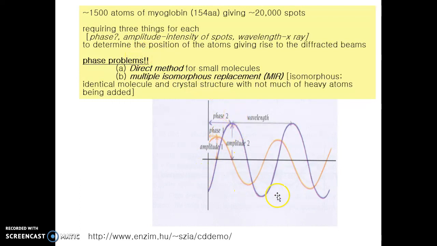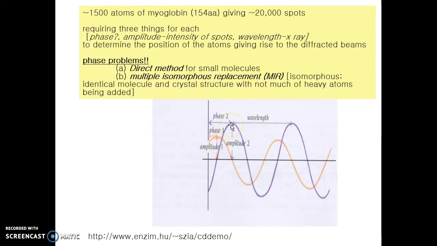In this diagram, you can see three things: wavelength, amplitude, the height of this radiation, and phase, which is the position of the moving radiation.